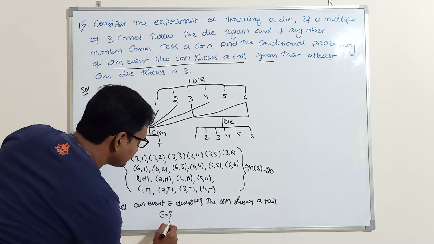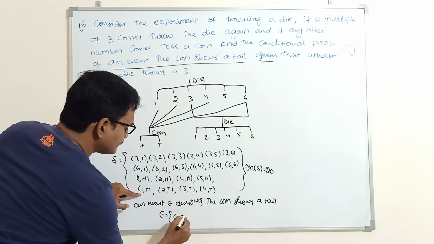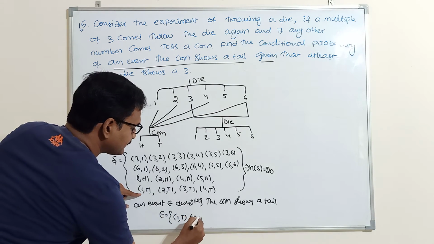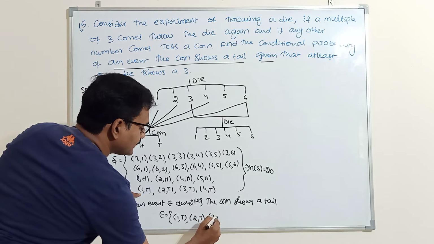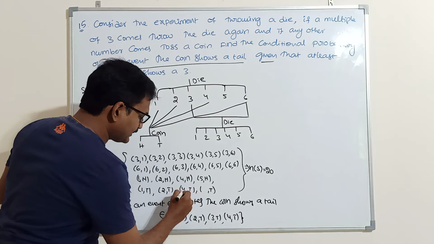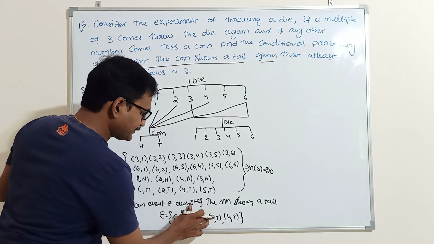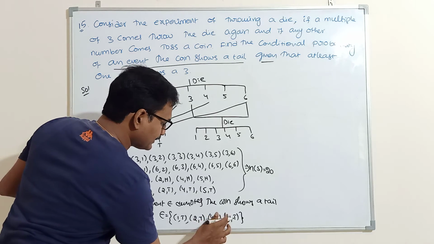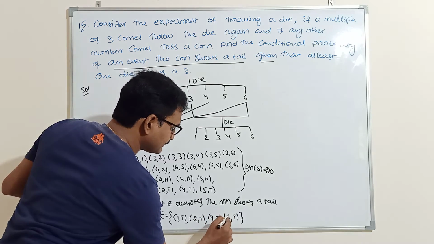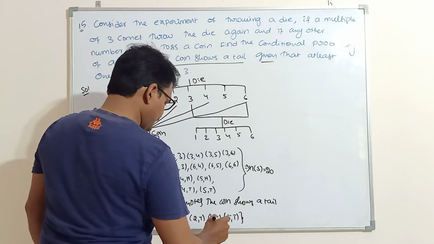E is equal to (1,T), (2,T), (4,T) and (5,T). So the number of sample points is 4.